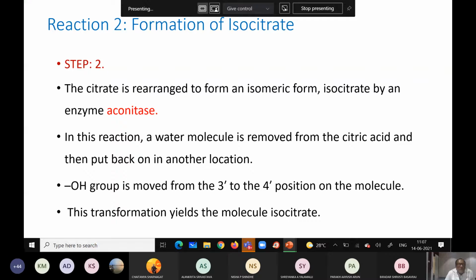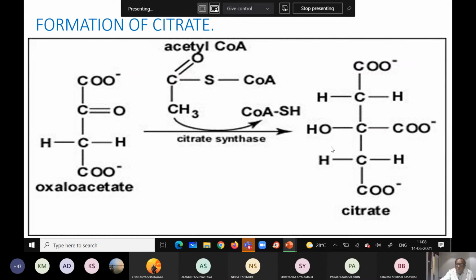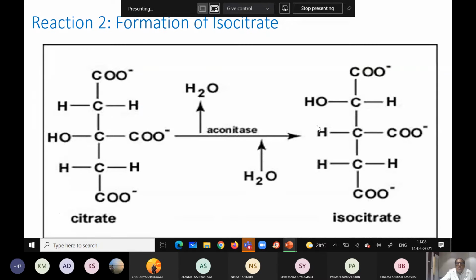It converts citrate into its isomeric form, isocitrate. In this reaction, a water molecule is removed and put back in another location, from the third to the fourth position. You can see the change here, making the isomeric form of citrate, isocitrate.